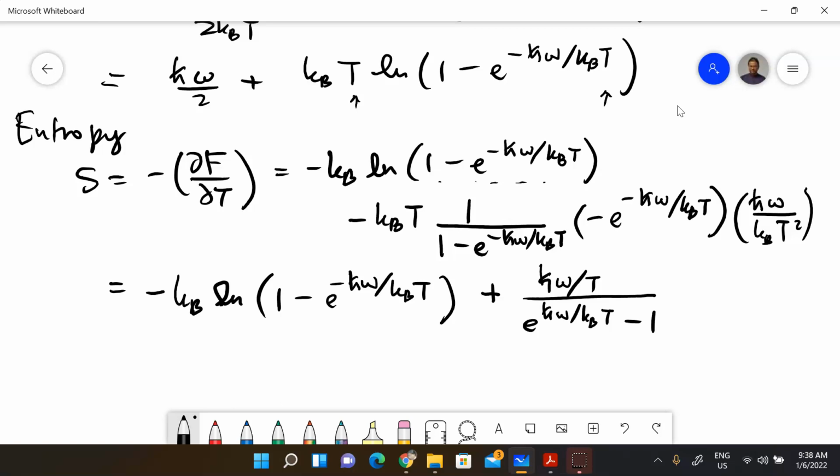Now you can see as you progress further, the more differentiation you have to do and the more terms will seem to come up.